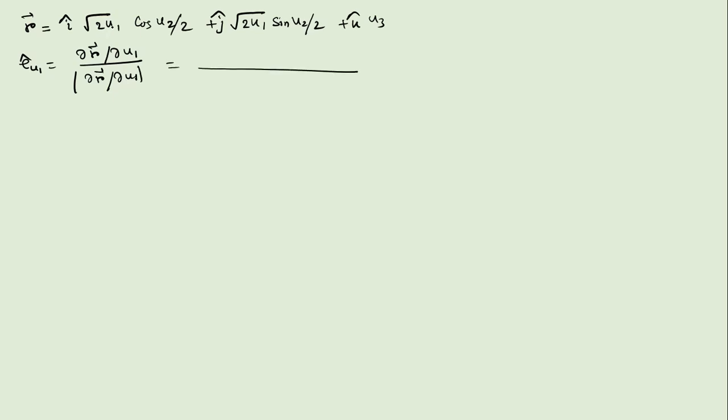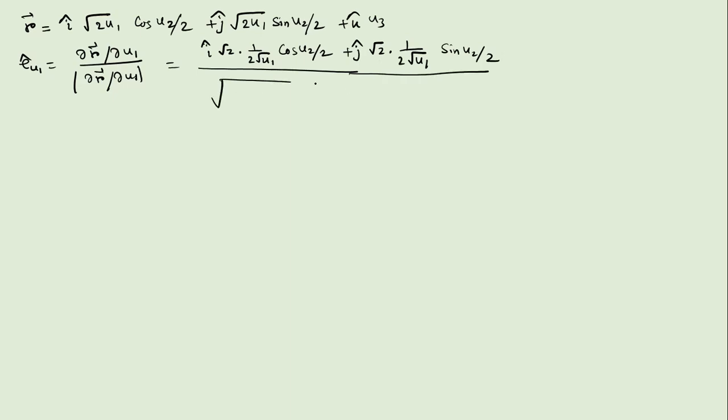If you take the derivative with respect to u1, you will get i cap, that is root 2 into 1 by 2 root u1 cos of u2 by 2. Similarly, j cap, that is root 2 into 1 by 2 root u1 sin u2 by 2, and there is no u1 under this square and that square.